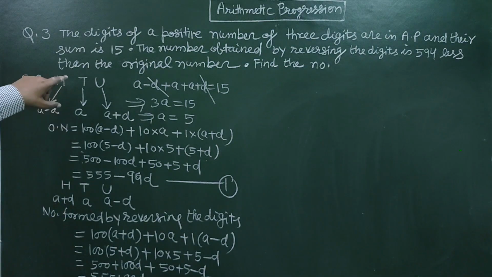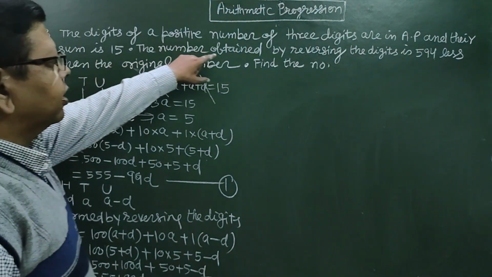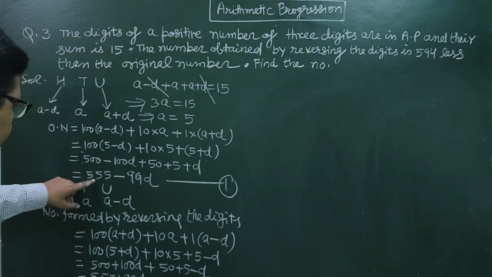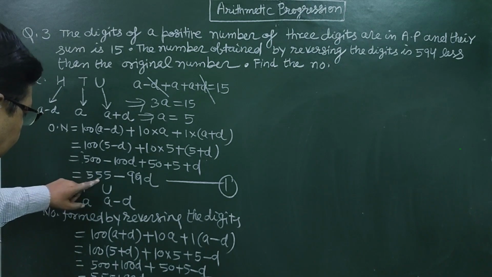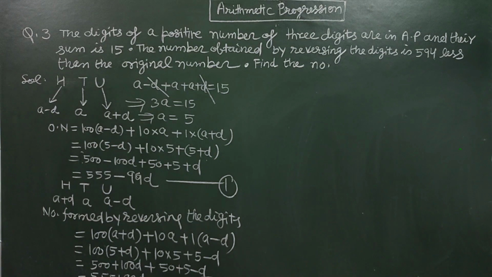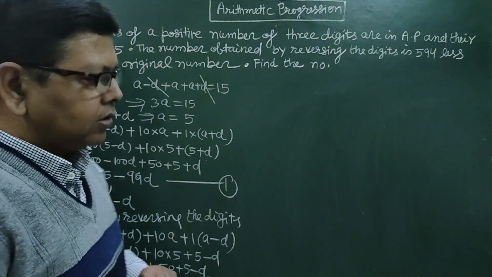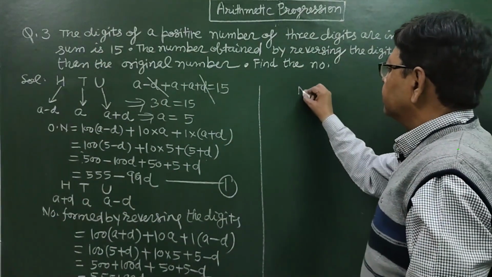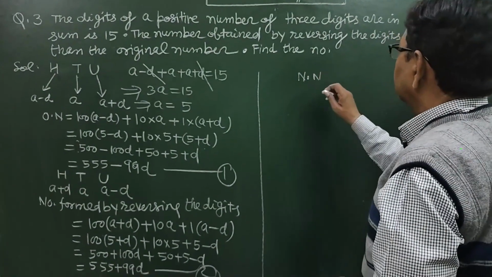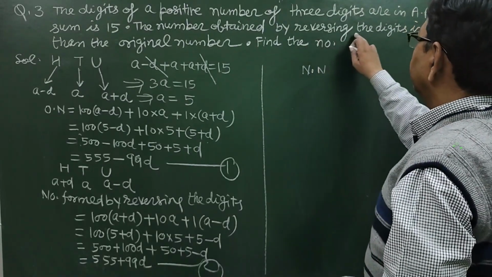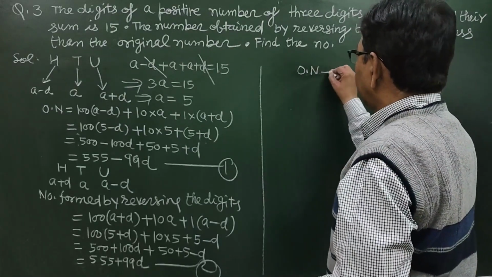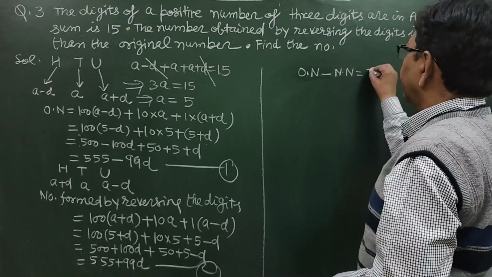Now the number obtained by reversing the digits is 594 less. This number is 594 less, means the original number is greater. Original number minus the number obtained by reversing the digits is equal to 594. Original number minus new number is equal to 594.